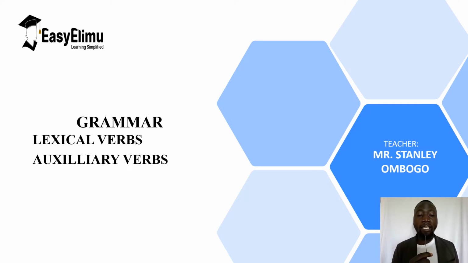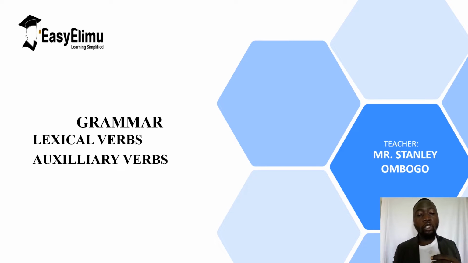And in this session that we are about to have, I'd like us to look at verbs. That is by looking at the two main types of verbs. So we want to look at lexical verbs, and again some examples of lexical verbs and how we can use them in sentences.